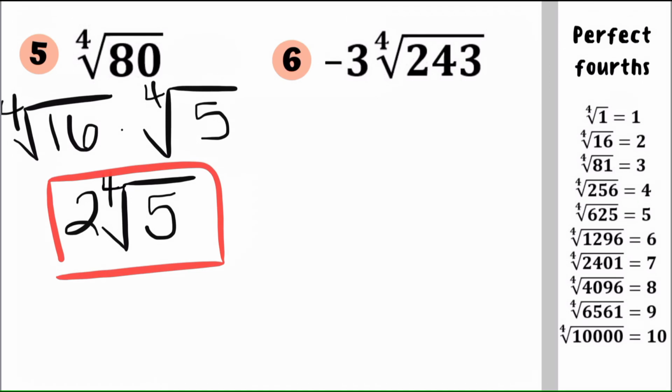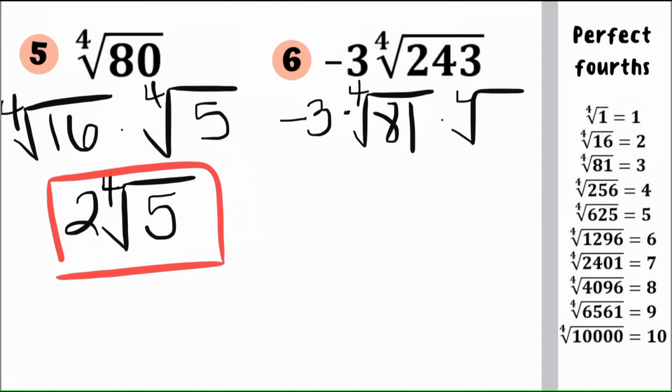If you have a coefficient, you always bring that down. So this becomes negative 3 times the fourth root of 81 times the fourth root of 3.